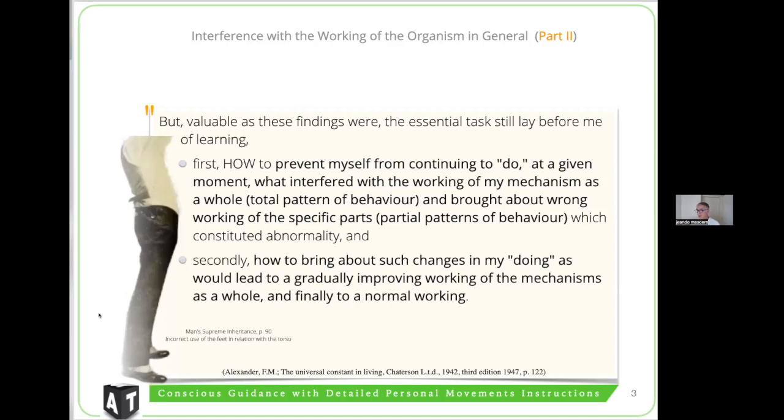And this coordination of movement is going to, well, create what Alexander called the interference. So it's a very important step in understanding what is the initial Alexander technique.